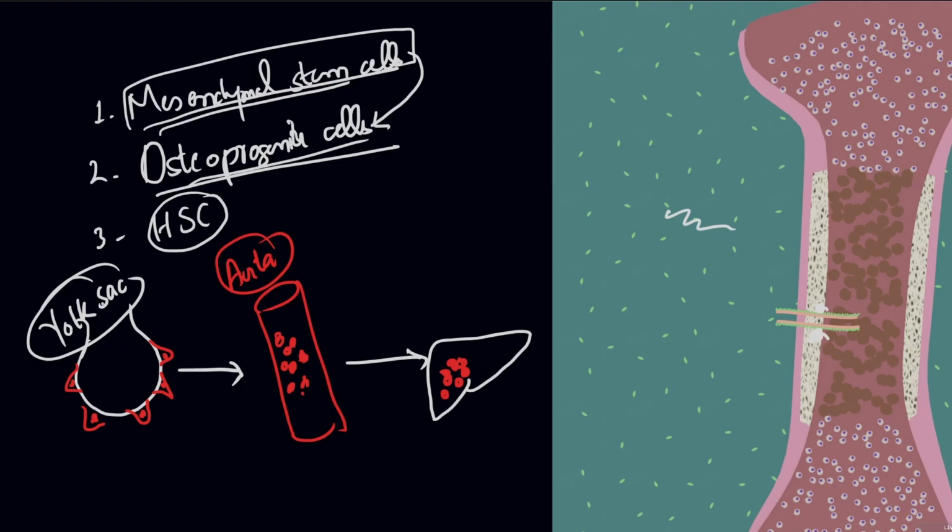But after the baby is born, initially the detoxification function of the liver is taken up by the mother. You know, the mother provides the detoxified blood, the blood which is free of most of the toxins, to the baby with the help of the placenta. You know this.